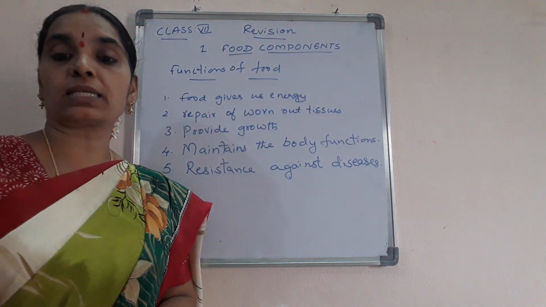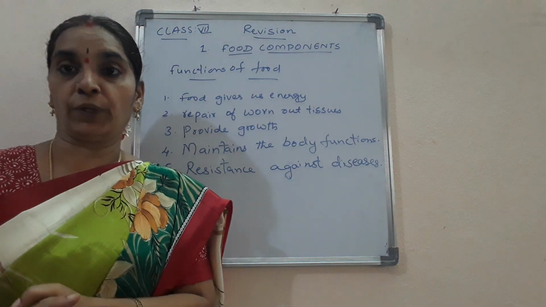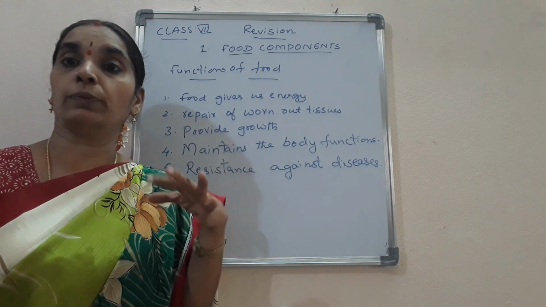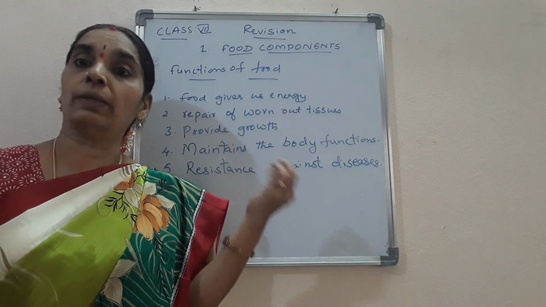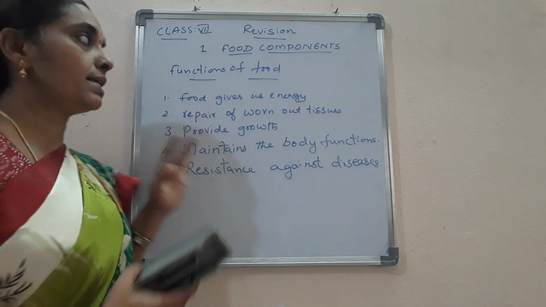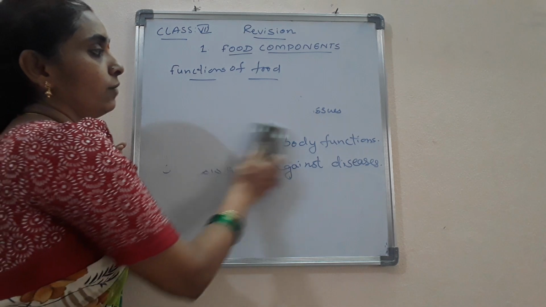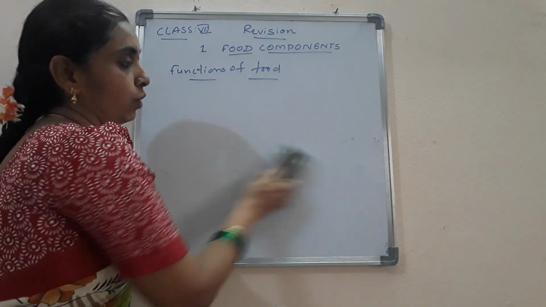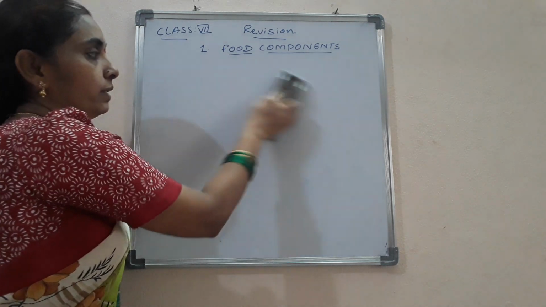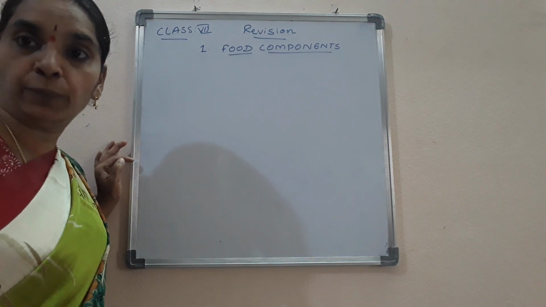Okay, so next coming to the part of food components. Food components are the nutrients that are supplied or present in the food through plant products and also animal products. They supply the nutrients in the form of food to our body. The nutrients provided for us through the food are called food components.